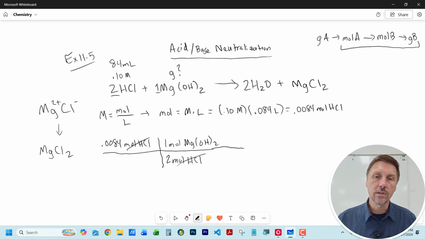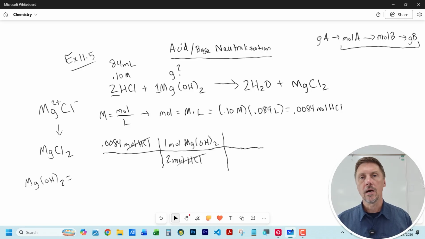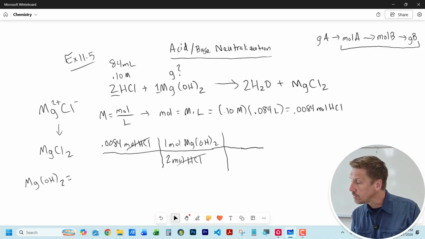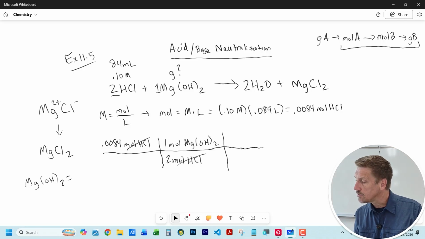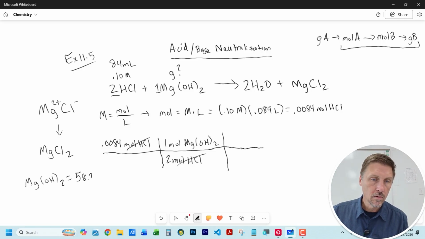And then we're going to multiply that by the molar mass of MgOH2, so that we can calculate the number of grams that represents. So we go to our periodic table, we look up the atomic mass of MgOH2 to get the molar mass of that. And when we do that, we find out that it is 58.33 grams of MgOH2 per mole. All right.